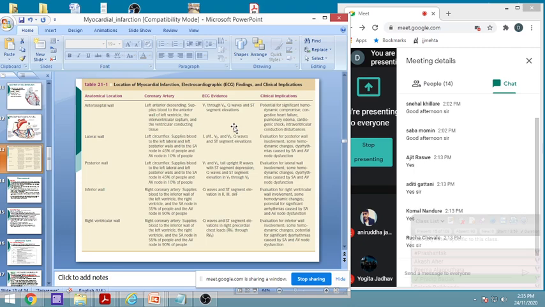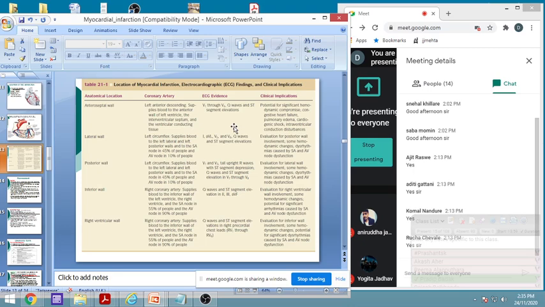Evaluation for right ventricular wall involvement has to be checked. The hemodynamic changes are to be checked, along with the potential for significant arrhythmias because of SA node and AV node dysfunction. And lastly, the right ventricular wall, where the right coronary artery is involved.